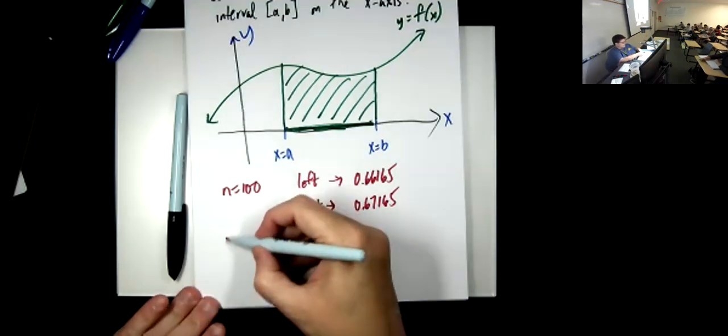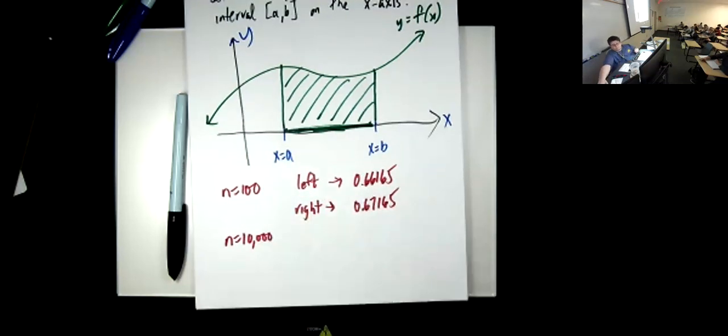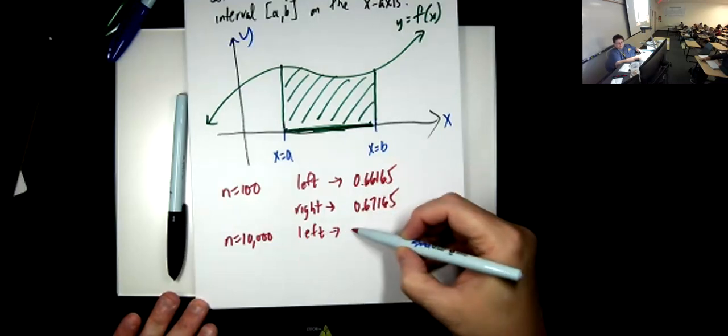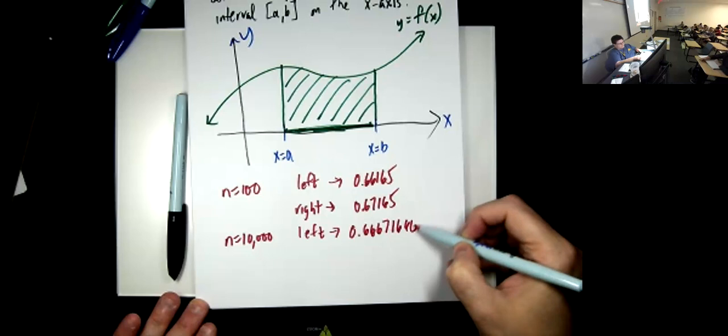If I bump this up to n equals 10,000, you can't see 10,000 rectangles, so I'm just going to show you the results that we get. The left-hand side says 0.666716665.